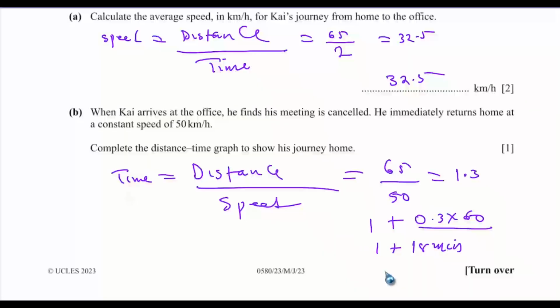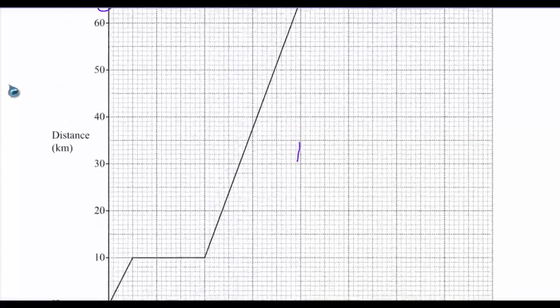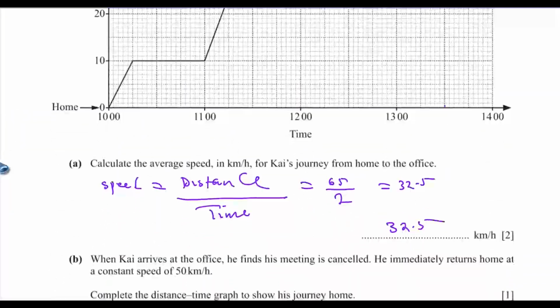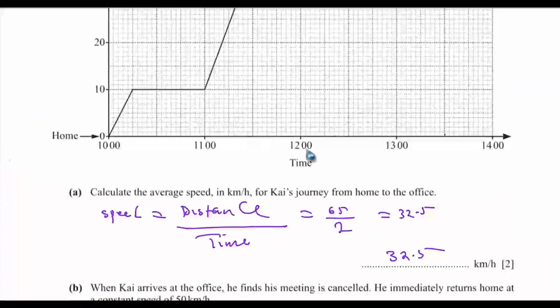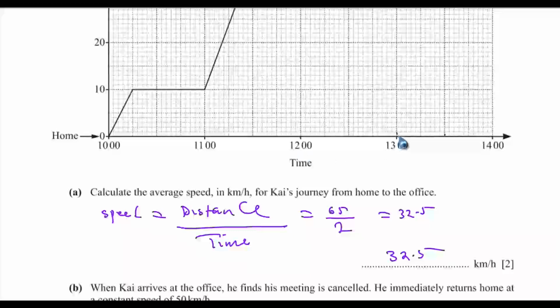So that means we need to go to the grid and locate the point of 1 hour 18 minutes from where he returned home, that is from 12 o'clock. From 12 o'clock, 1 hour will be here. Each line is 3 minutes, so we need to count 6 lines, so that will be here. So it will be this line, coming to this point here.